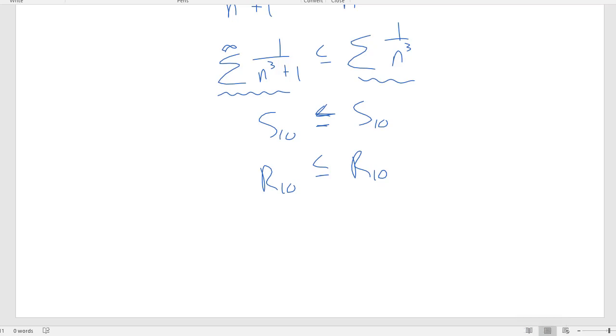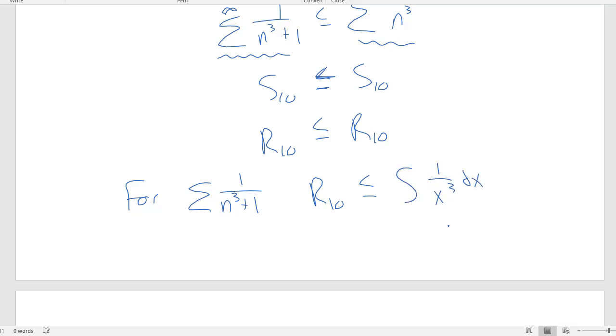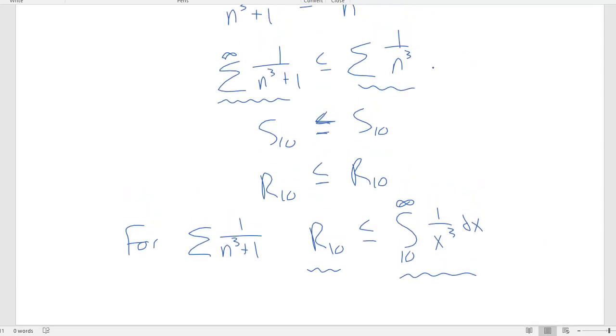So what we can do then in this case is for my series, the sum of 1 over n cubed plus 1, the remainder of the first 10 terms is at most the remainder of my known series up here. So the sum of 1 over n cubed is going to be the maximal bound of the remainder of my series.